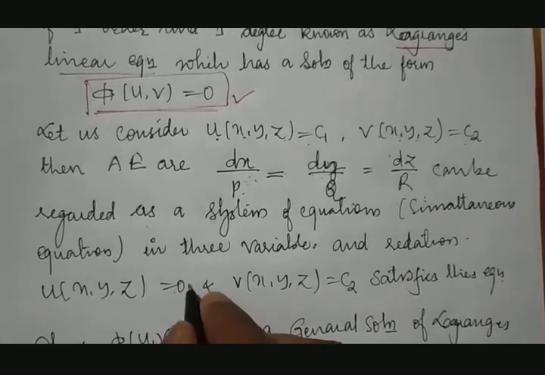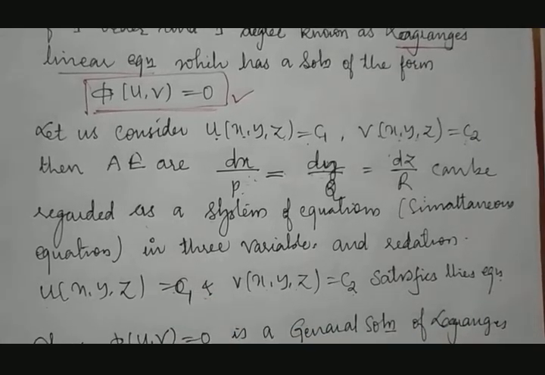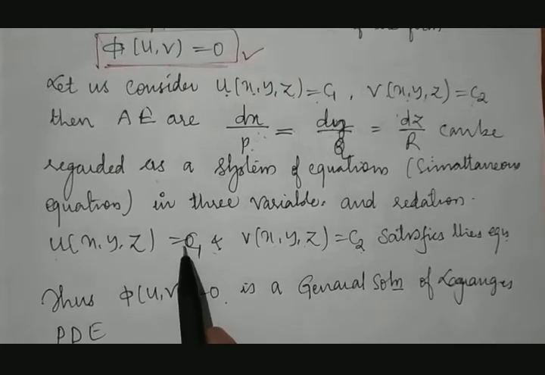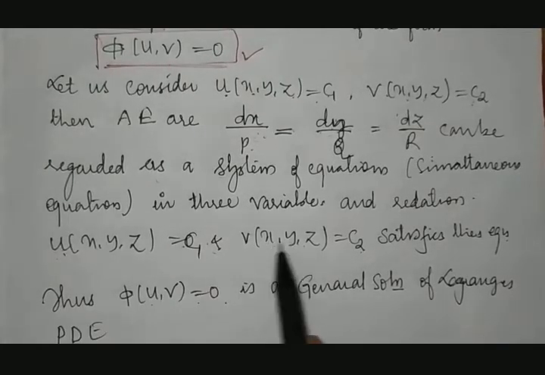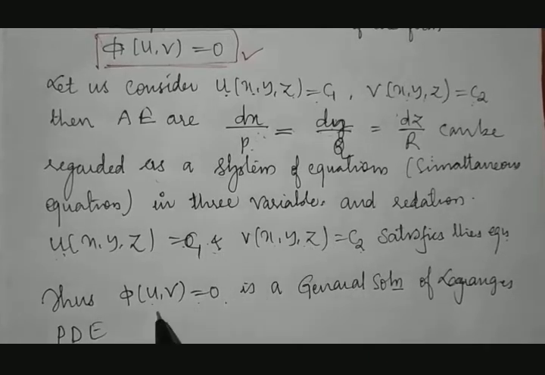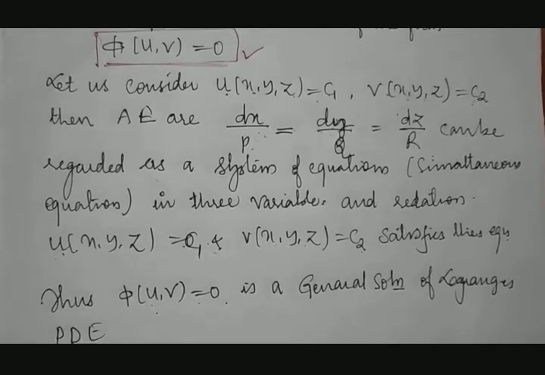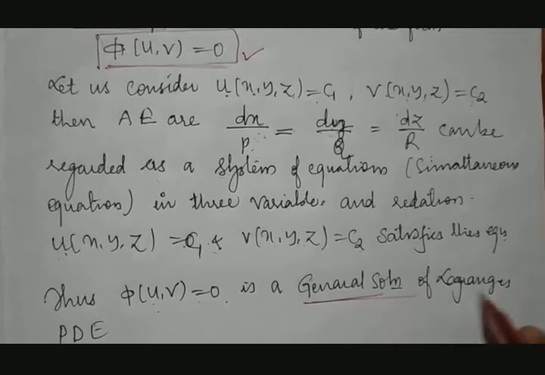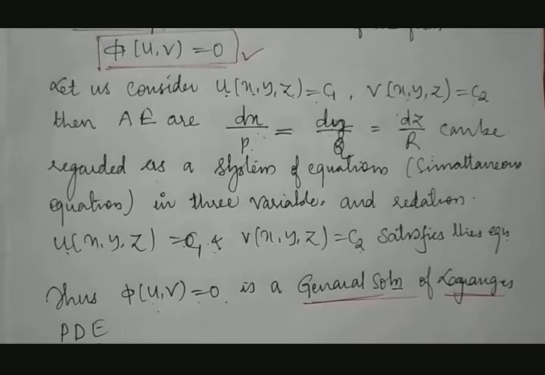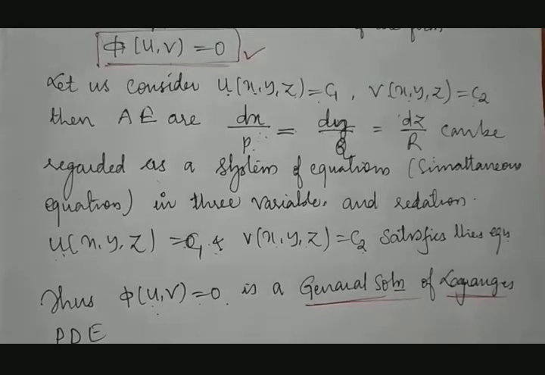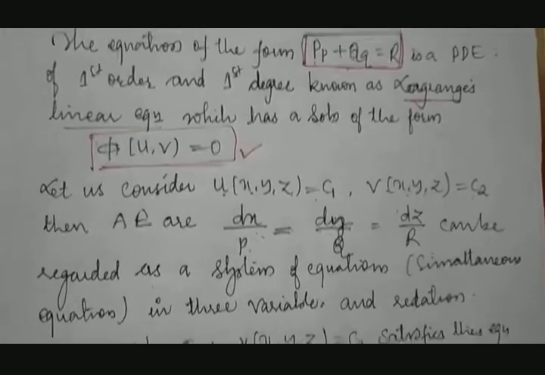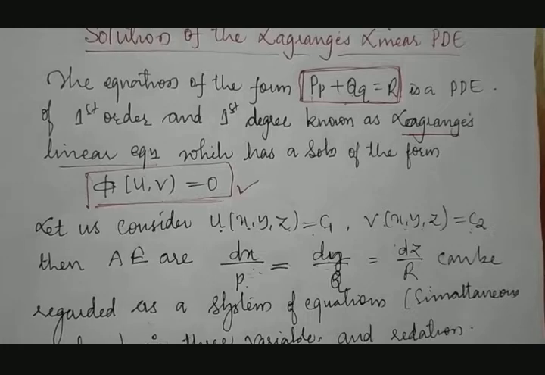So this is equal to c1 and this is equal to c2. Then these two will be put in this format, phi of u comma v equal to 0, and this will be called the general solution of a Lagrangian partial differential equation. This is the basic concept of the Lagrangian linear equation and its solution.